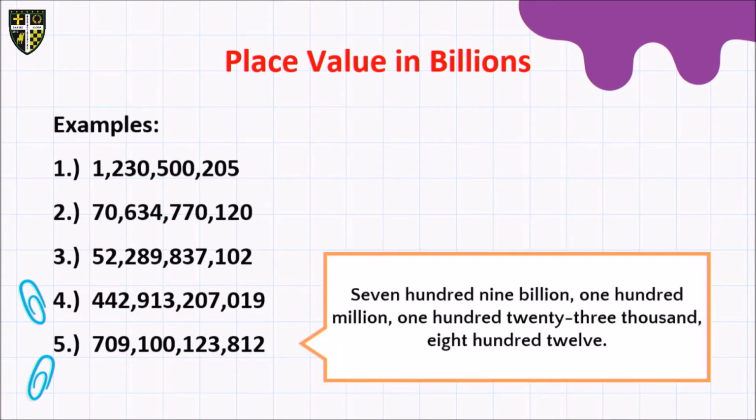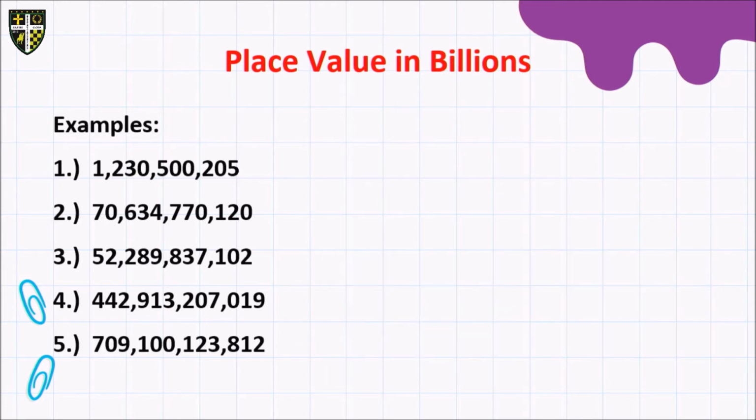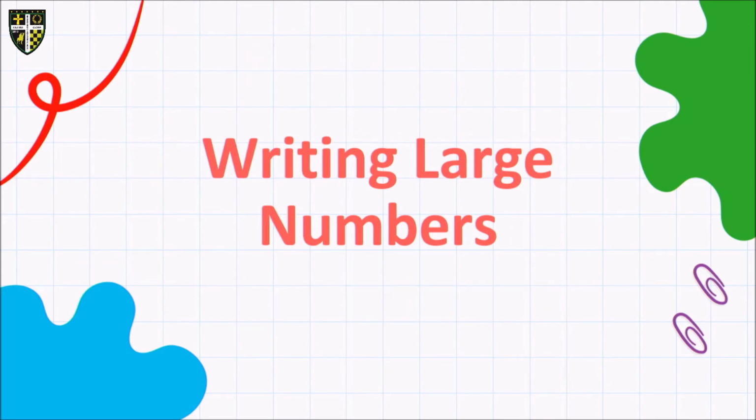And we have 709,100,123,812. So, as you can see again, in the billion place, we have 3 commas, okay? For the billions, millions, and thousand, and then the unit period. Always remember, kids, that we are writing numerals, or we are reading numerals, from the highest value to the unit period.